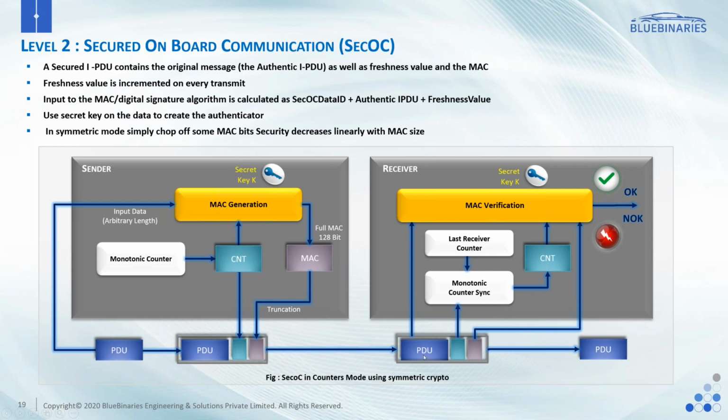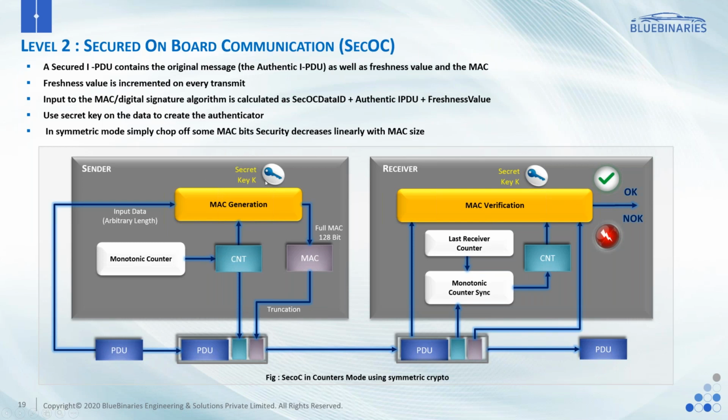On the receiver side, the receiver will first cross-check the truncated MAC and truncated freshness value against the freshness value which it has initially generated and sent, for the truncated MAC generation. Once the validation passes, it will read the authenticated payload. If the validation fails, then it will discard the payload, assuming that this is not sent by a trusted sender.